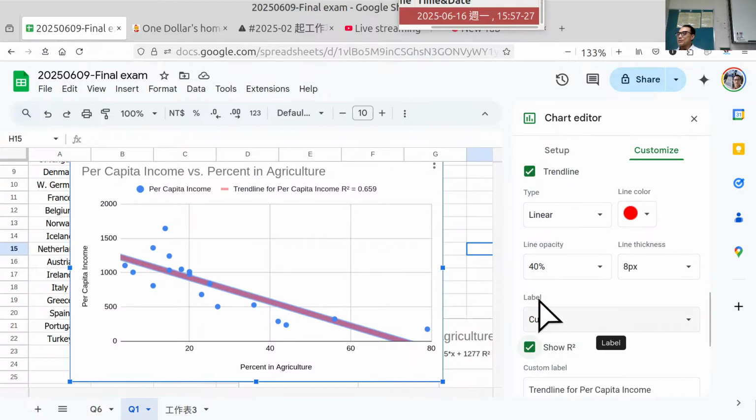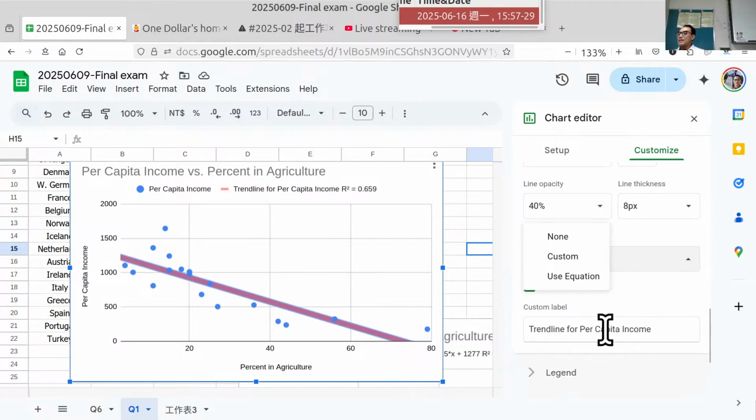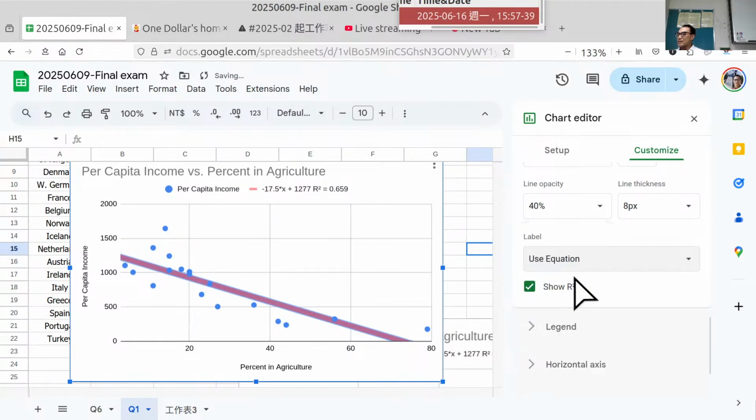Please type label. And again, let me show it. Let me do it again. Click label and click use equation. Use equation. Then we got the equation.